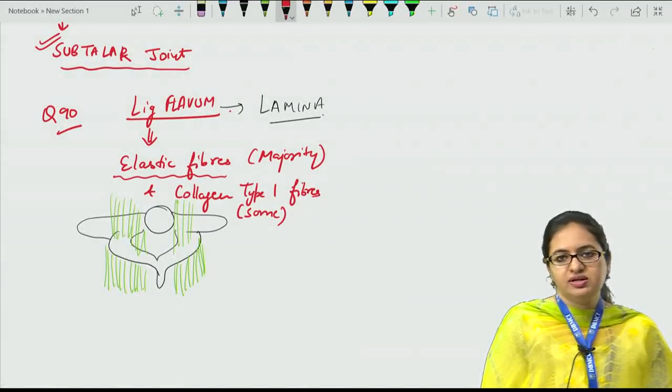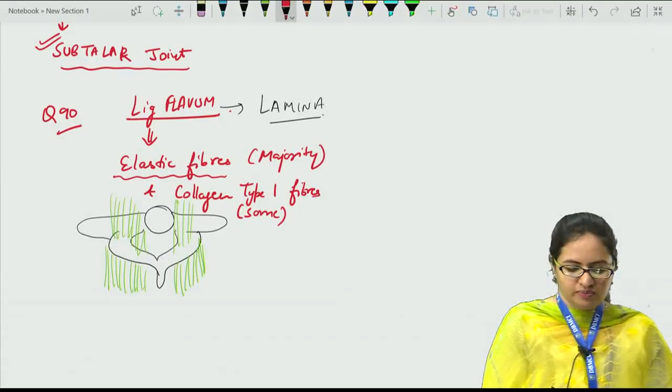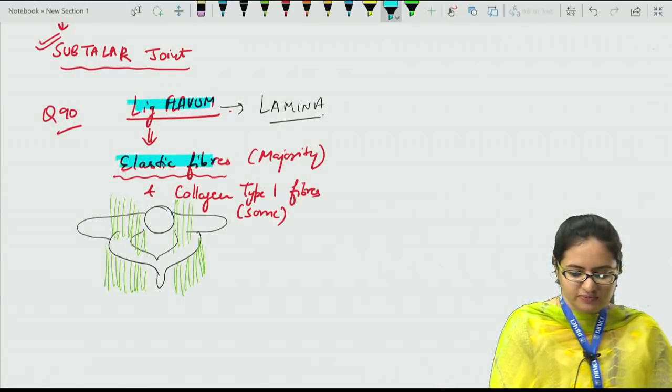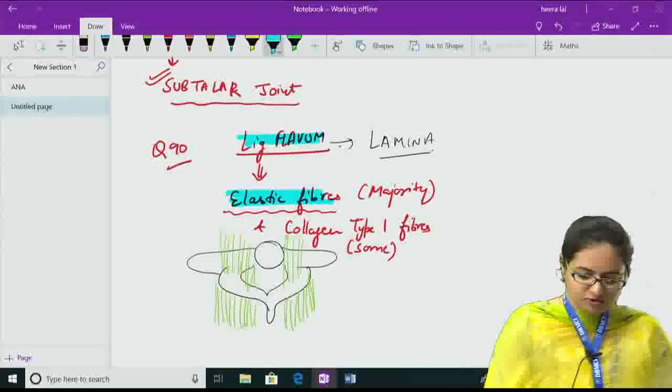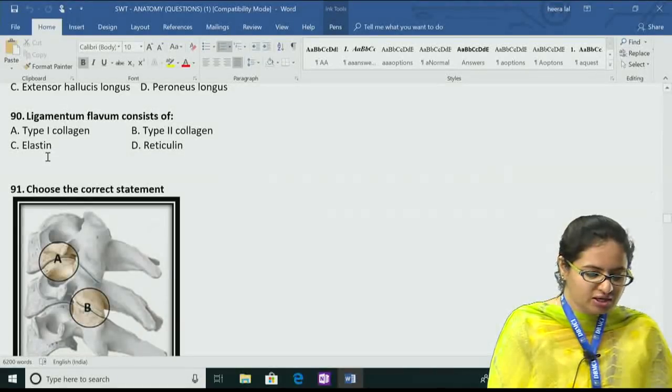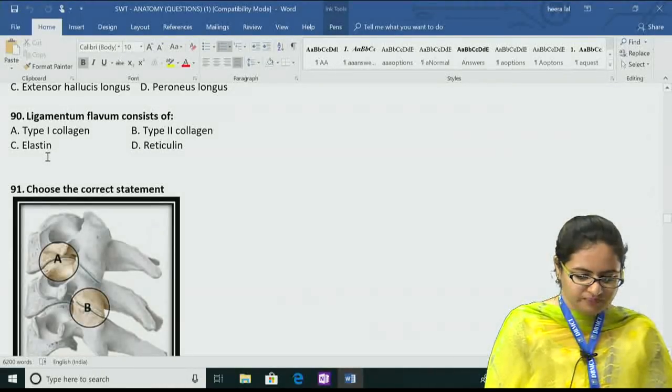And when we are extending the neck, it prevents the buckling of the ligament within the vertebral canal. So this is a characteristic feature of the ligamentum flavum, the presence of elastic fibers. So for question number 90, the ligamentum flavum consists of elastin fibers. The answer is C.